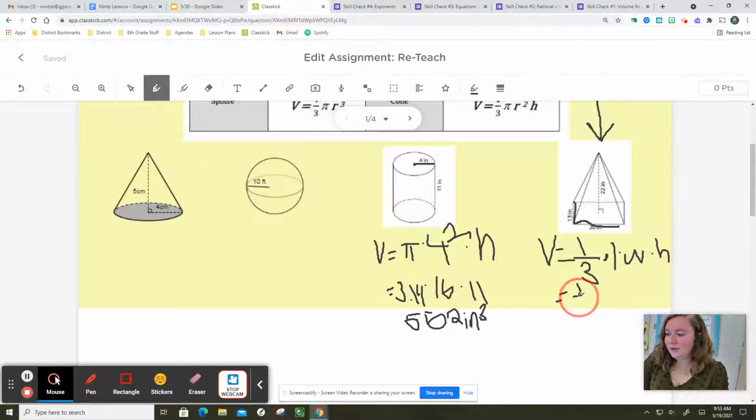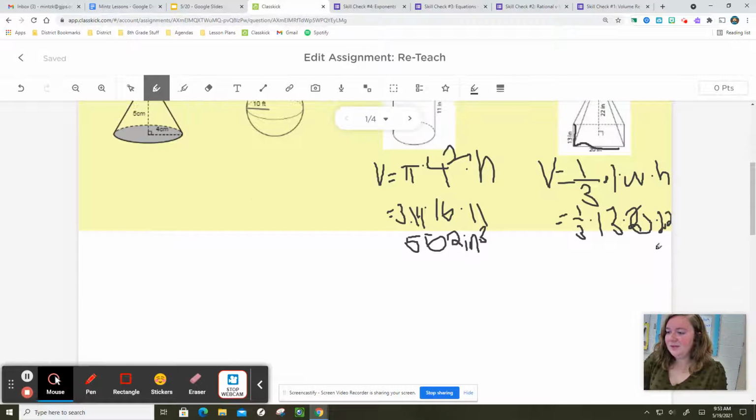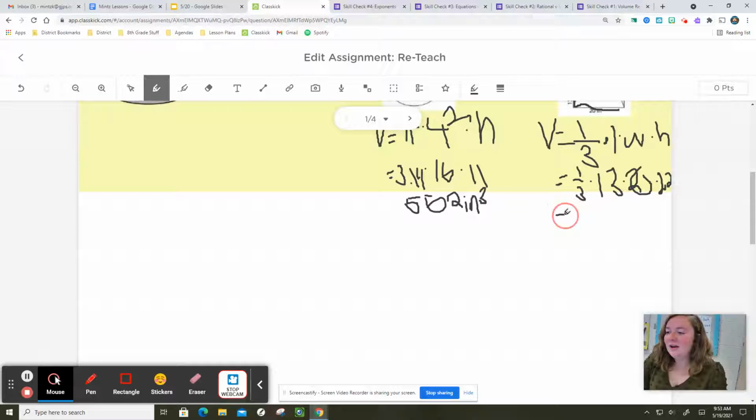So we're going to do 1/3 times the length, let's go 13, times the width, which is 20, times the height, which is 22. That's hard to write on. Okay, good. So then if we simplify that all out, let's type it into our calculator.